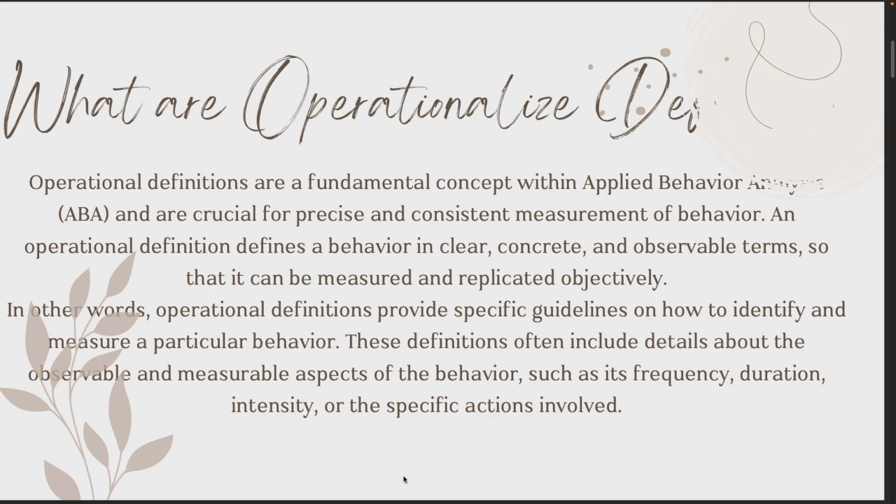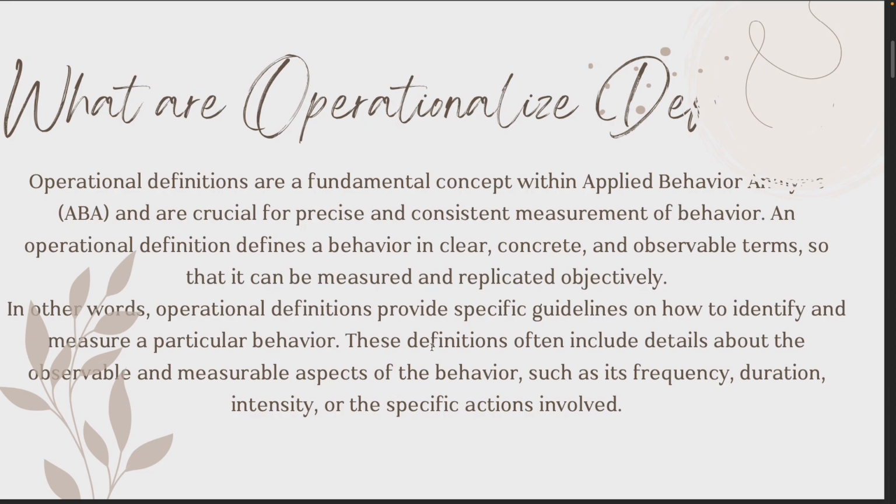So anytime that we want to define anything, we want it clear enough that everybody's doing the exact same thing. As long as these behaviors are observable and measurable, we can then define them.